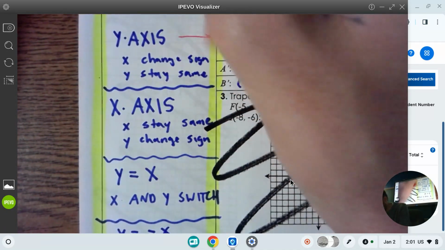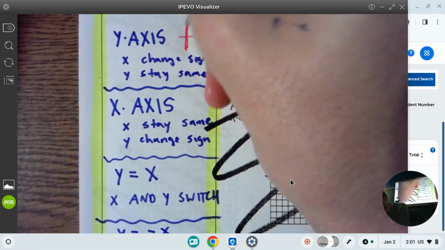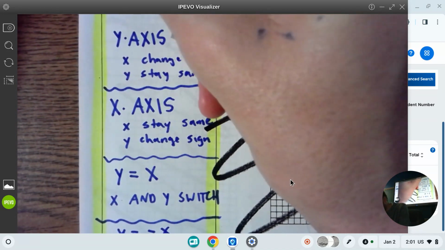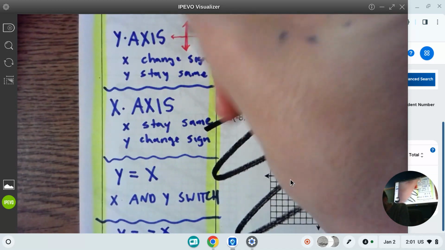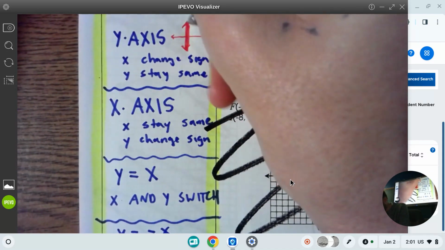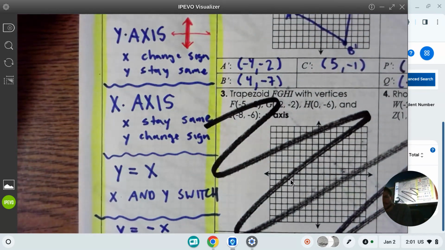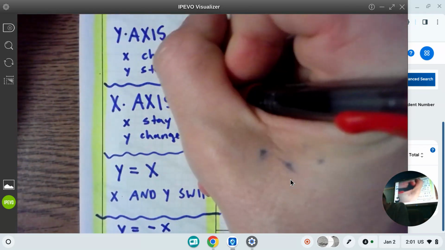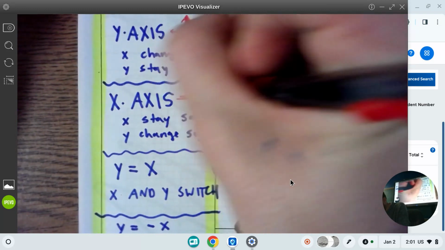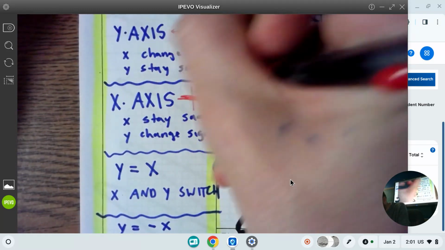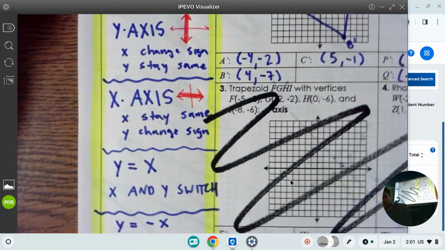So our y-axis is the one that goes up and down. Trying to make that clear by making it big, right? That's our y-axis. Our x-axis is this one that goes side to side. Hopefully we're getting those right every time. We've been learning that for a long time.